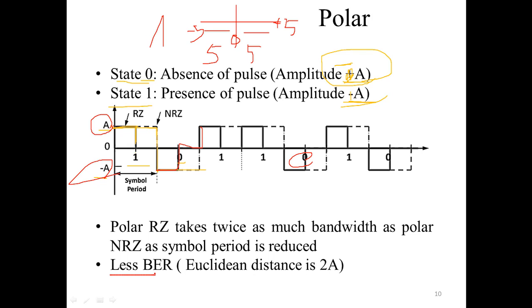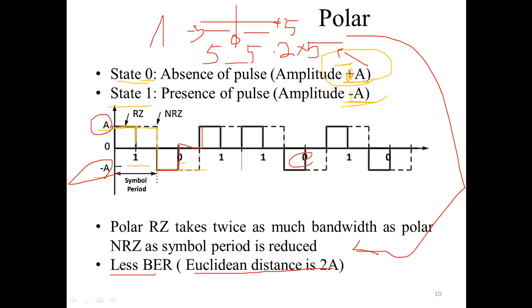This provides you less bit error rate based upon the Euclidean distance. You can see that the distance has become twice of A. So you know that this distance has become 2 times 5, and this A is, let's suppose, 5. So this becomes 2A. So this is your polar NRZ and polar RZ.